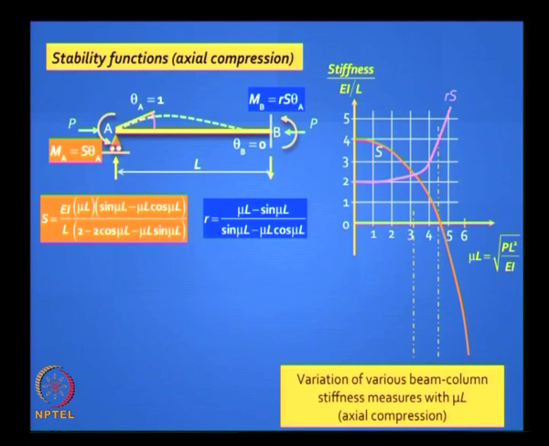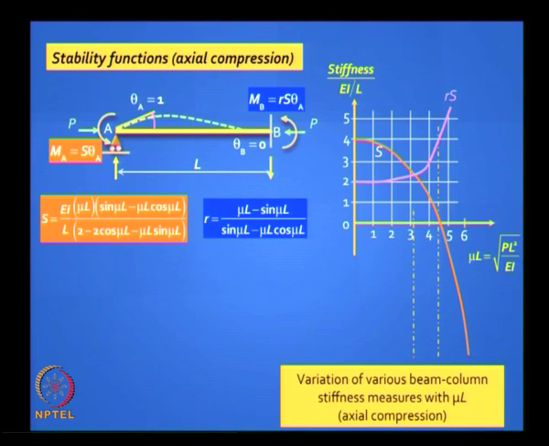So if you recall in the last class, this is how those parameters S and R vary. You can see that S starts with a value of 4 EI by L, and it can drop down to 0 when you have a high value of mu L. Mu L is the measure of the load P normalized with respect to L squared by EI.